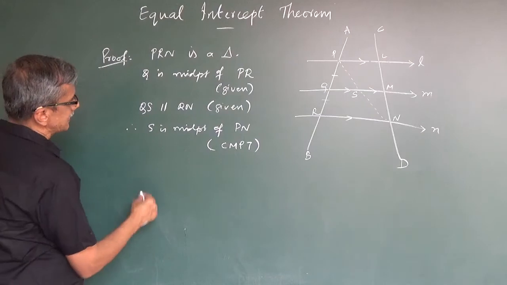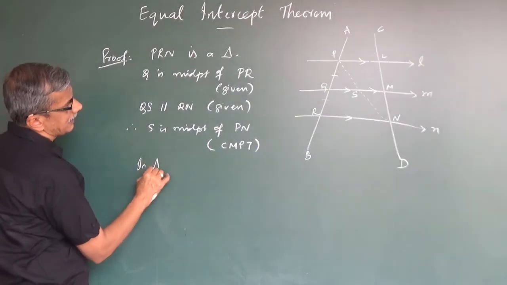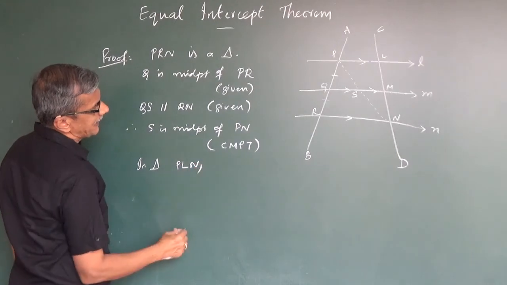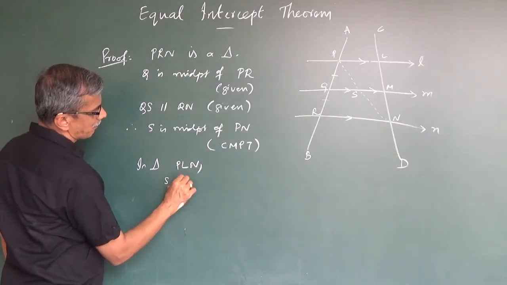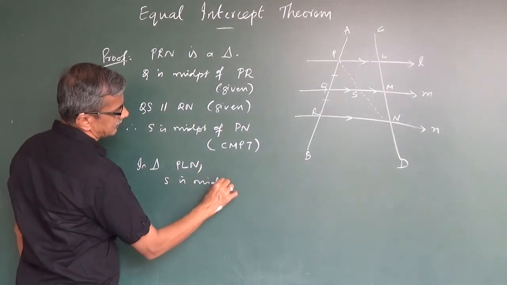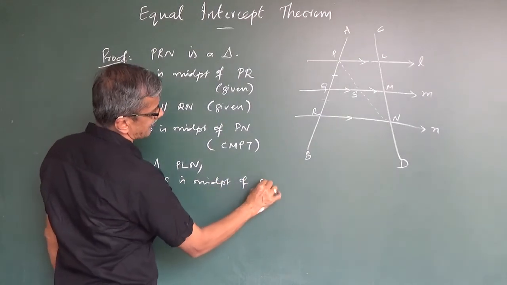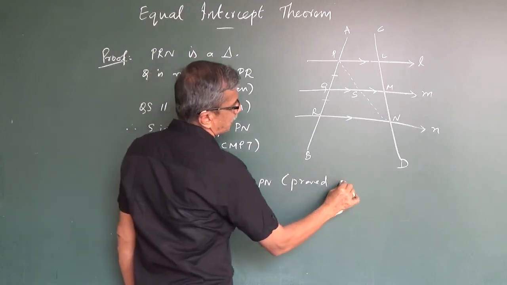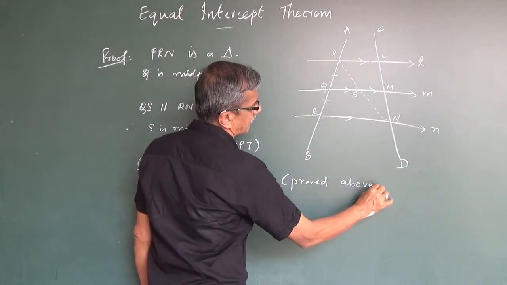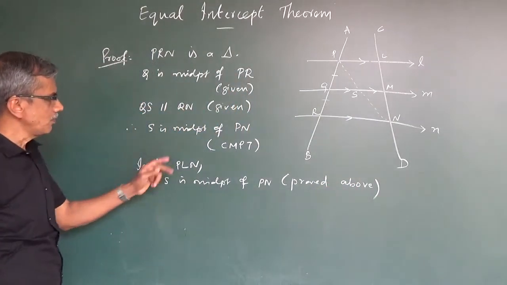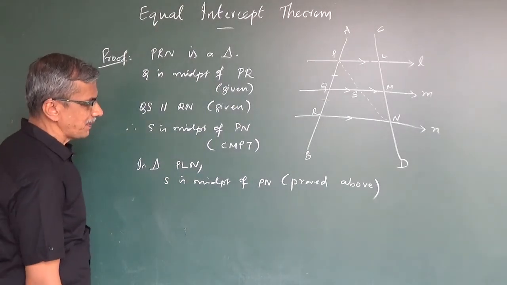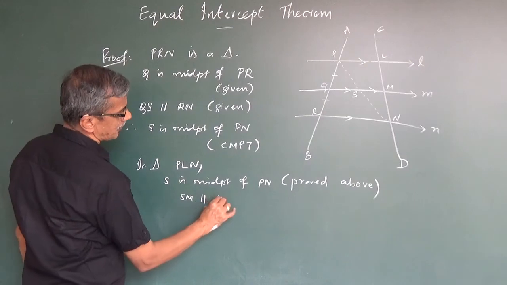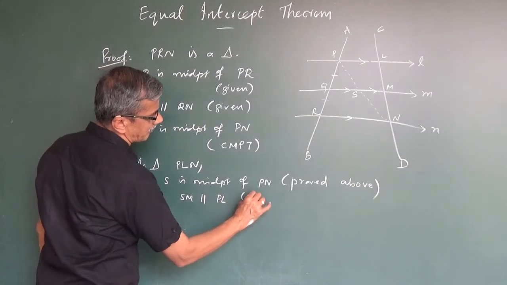Now, next, in triangle PLN, S is the midpoint of PN, proved above. And SM is parallel to PL, this is given.